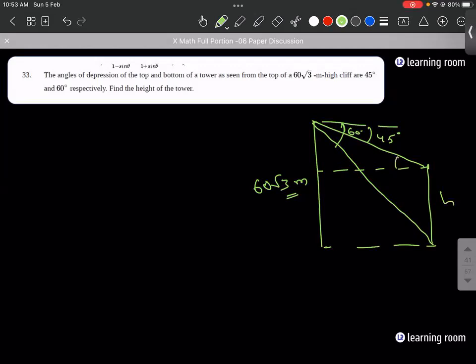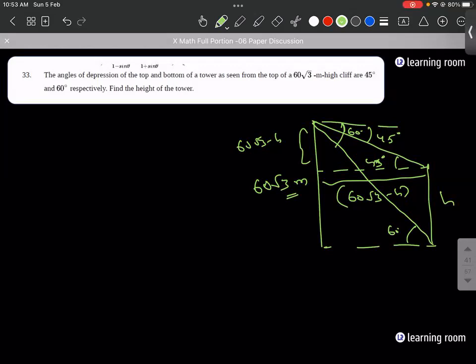So this is 45, this will also be 45, and this will be 60. So how much is this height? 60√3 minus h. Then how much will this side be? 60√3 minus h. Makes sense? Because I told you at 45 degree, the height and the base are the same.